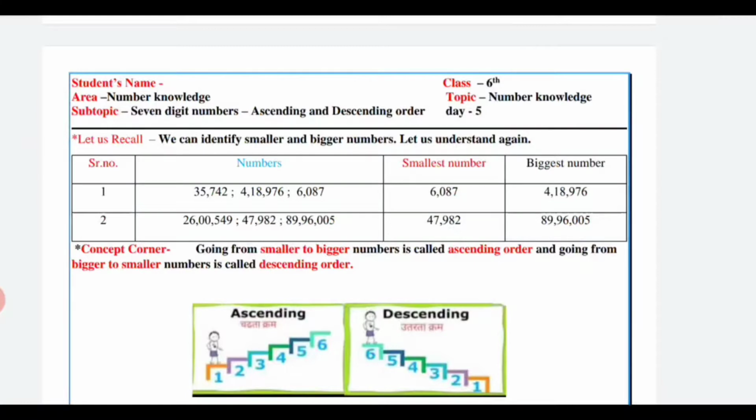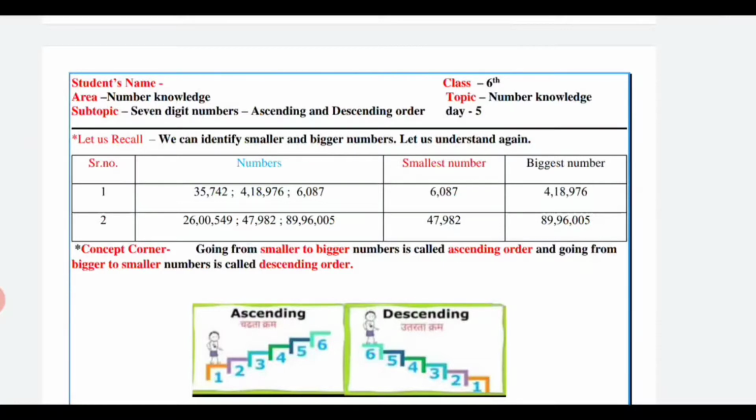What do we have to recall from our previous standards? Let us recall: we can identify smaller and bigger numbers. A few numbers are given in this table. From those three numbers we have to identify the smallest and the biggest number.